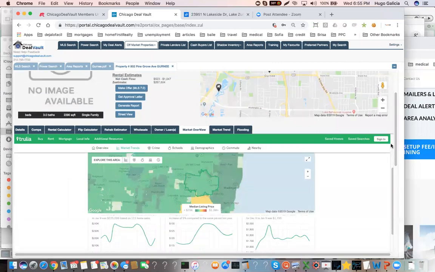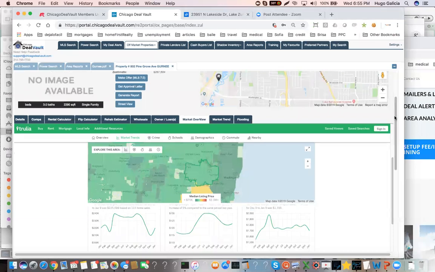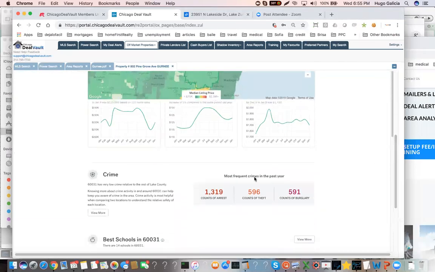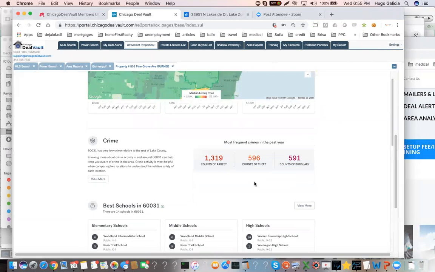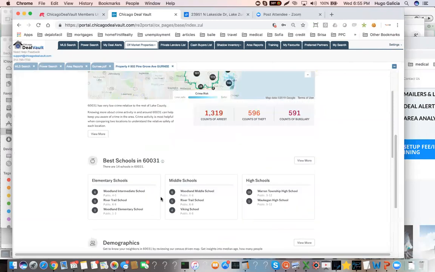So now if we scroll down to some other stats, like crime and schools. What's important here is the schools, right? So Gurnee has great schools. The middle and elementary are just okay, right? So they're not the best.